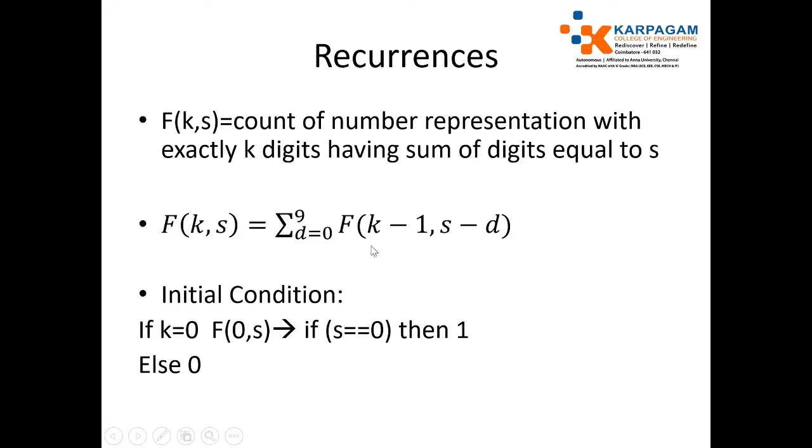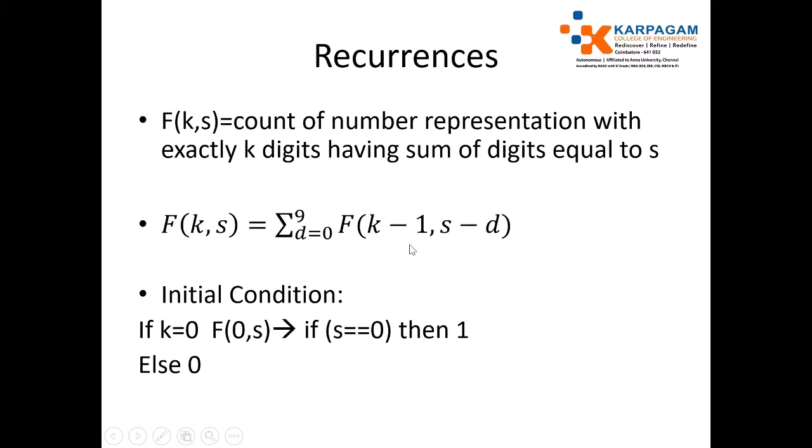K means digits; for 0 digits the function will be f of 0 comma s. In that, if s equal to 0 we have found one solution, otherwise it is 0. So when k equal to 0 means we have no digit. S is the required sum. So these are the recurrences for solving this problem.